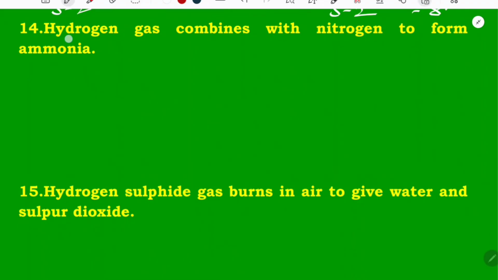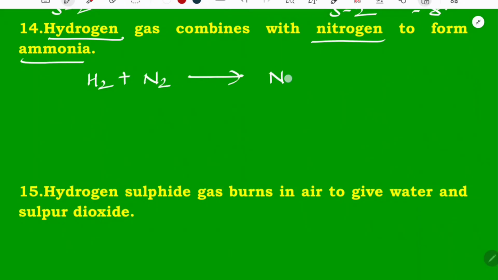Hydrogen gas combines with nitrogen gas to form ammonia. Very simple. Hydrogen gas is H2 plus N2 gives NH3. Gas, gas. This is also gas. So how many nitrogens here? 2 nitrogens.